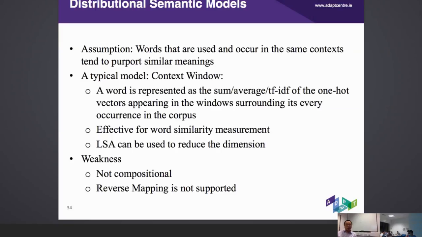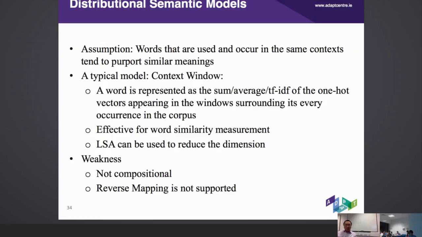The typical model is called a context window model. We still use a long vector which has the same dimension as the vocabulary size, but we use the sum or average or TF-IDF of the one-hot vectors of the surrounding words to represent the current word.